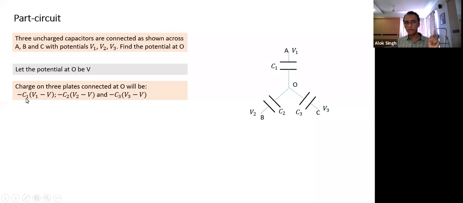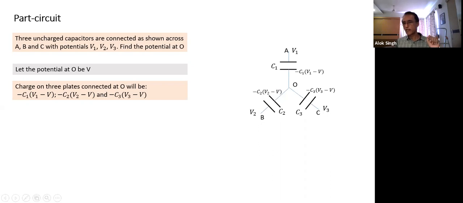If V1 is greater, this will be negative. If V1 is smaller than V, it automatically turns out to be positive. I don't have to worry about the sign. Similarly, the charge on the second plate connected to O will be minus C2 into (V2 minus V), and the third will be minus C3 into (V3 minus V). We'll see one more example later on. So these are the three charges.